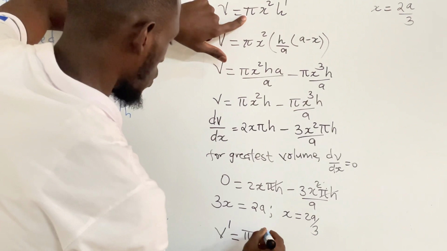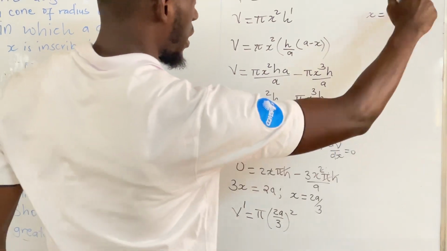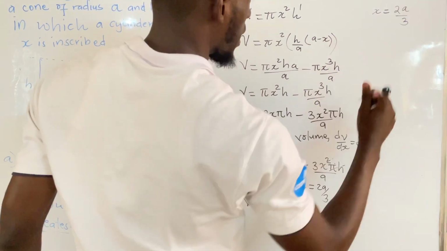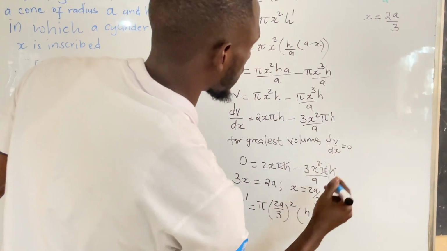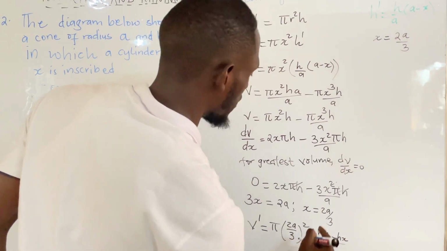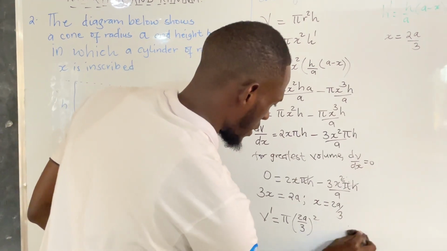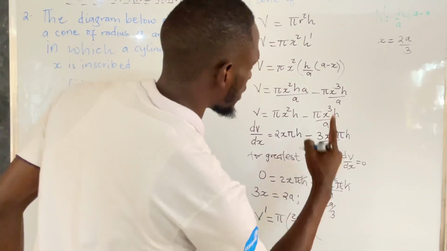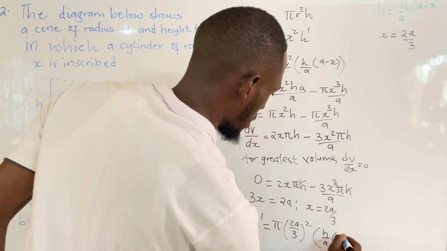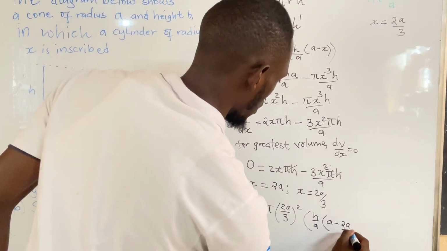So this is going to be 2a over 3, I square it, then I multiply it with h prime, which I can write as h over a, then a minus x, which is ha minus hx, all over a. Our value of x is 2a over 3.